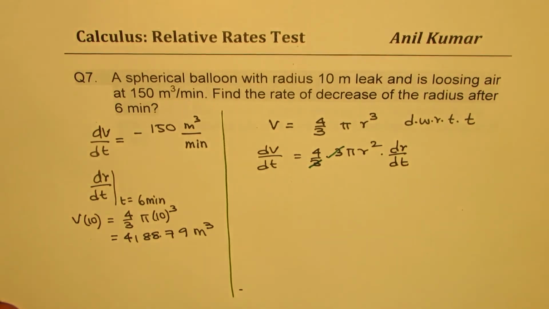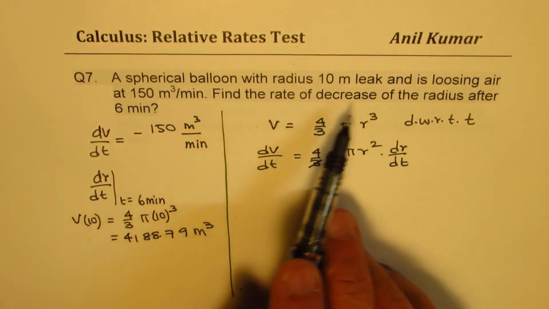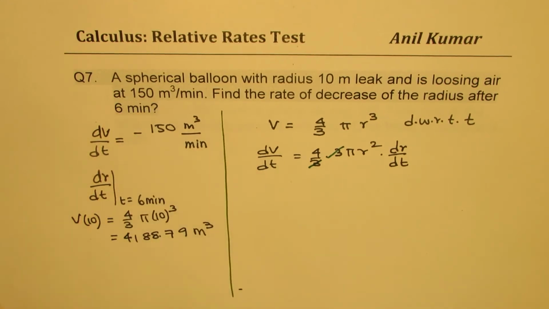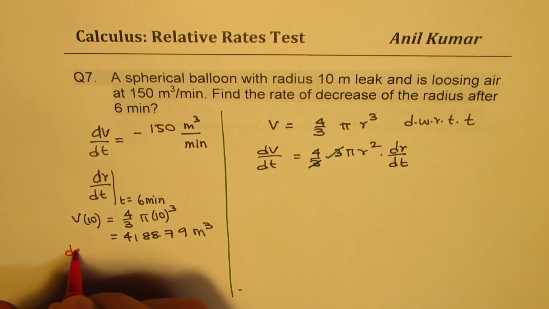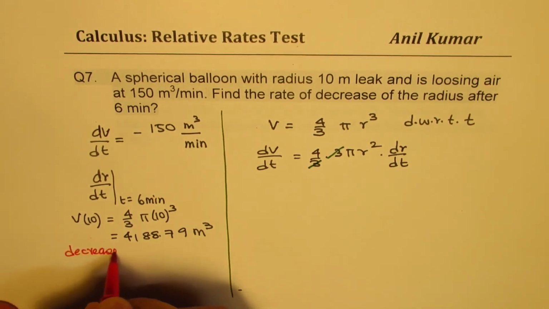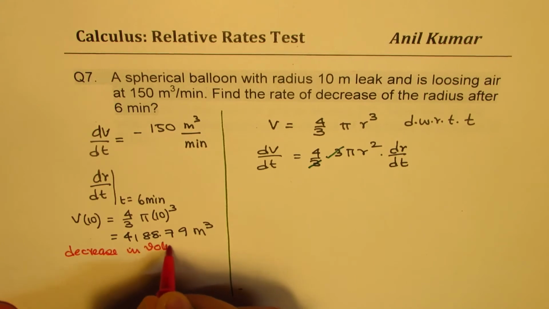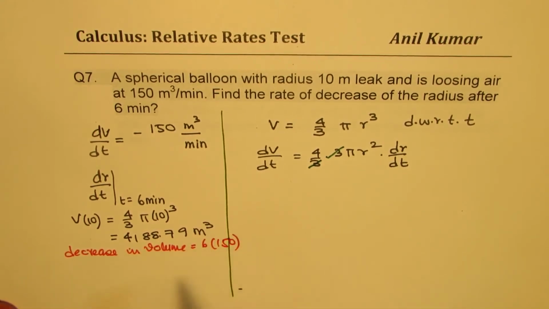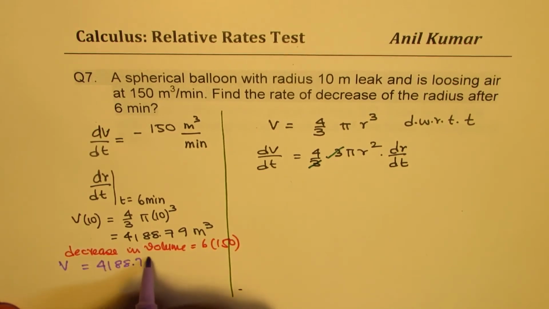Now, find the rate of decrease in radius after 6 minutes. The rate is 150, so the loss in 6 minutes is 6 times 150, correct? So the volume after 6 minutes is 4188.79 minus 6 times 150.